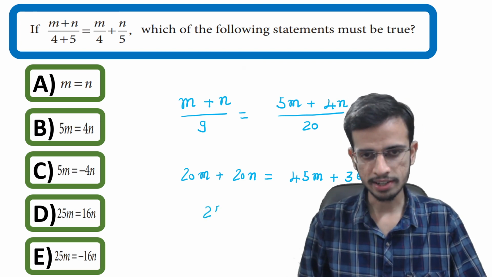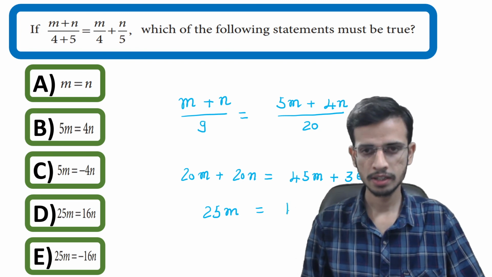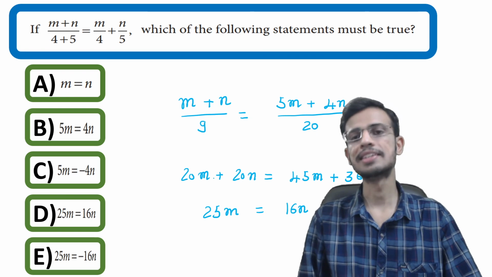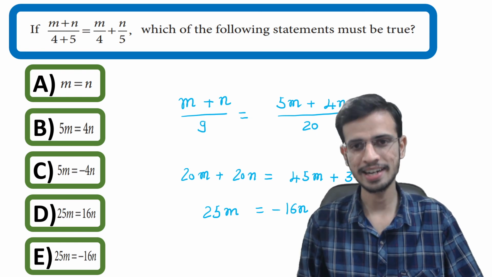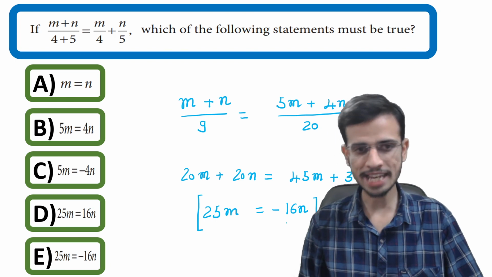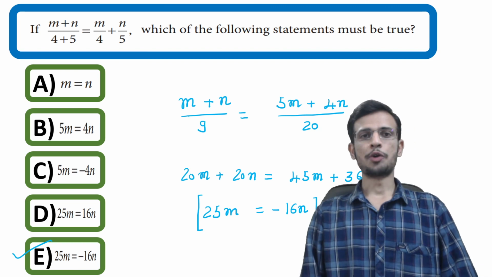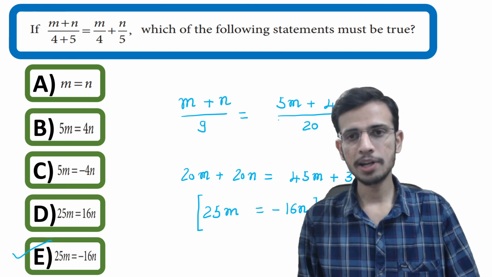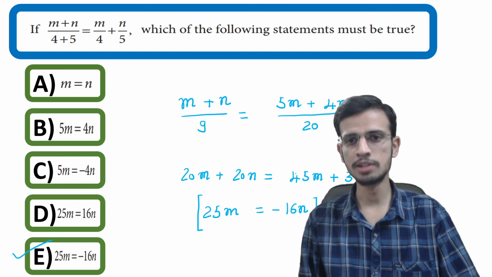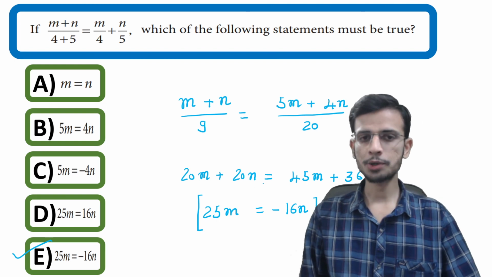So we are having the final answer with us. 25 times m is equal to 16 times n with a negative sign with us. Right? So don't forget the negative sign. Option E will be correct. So yes, here is your answer.